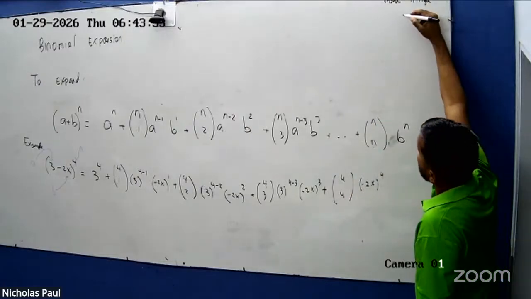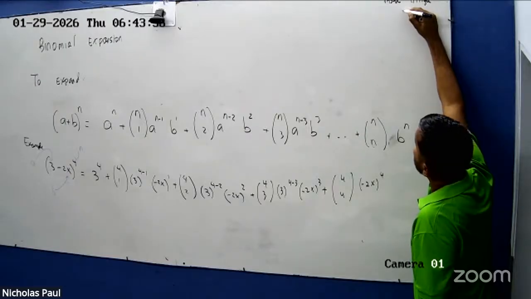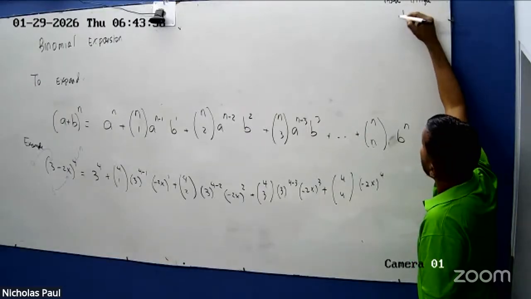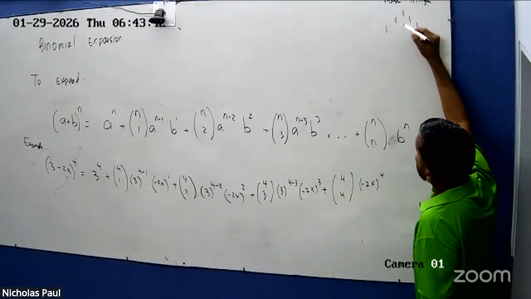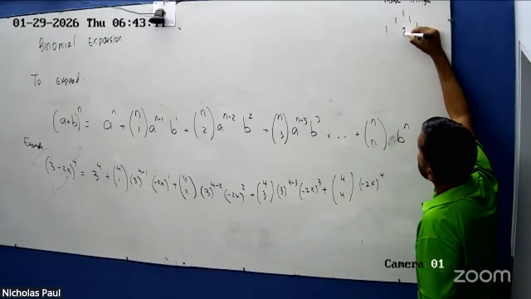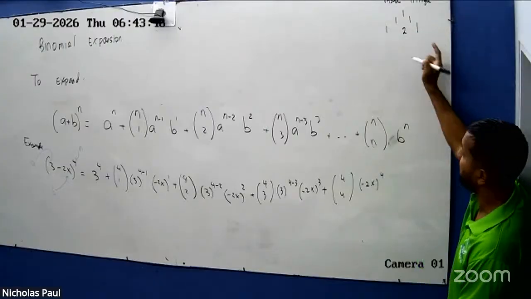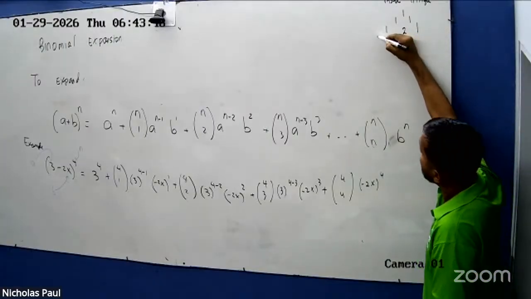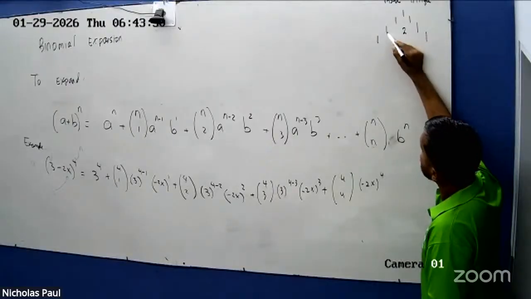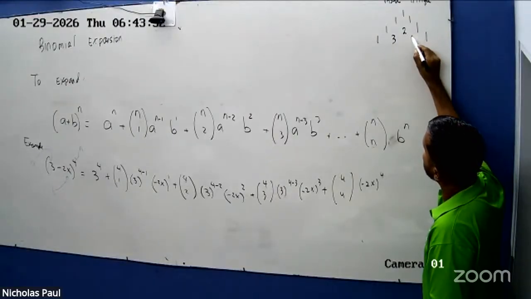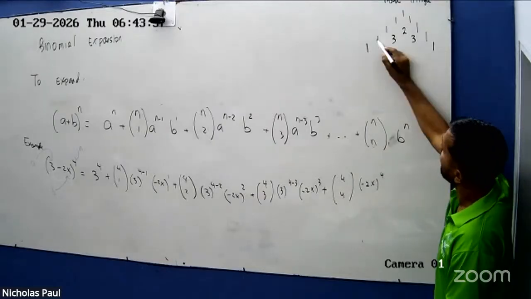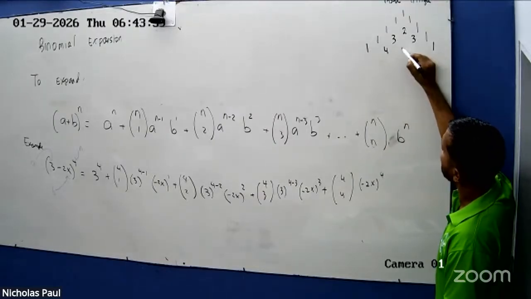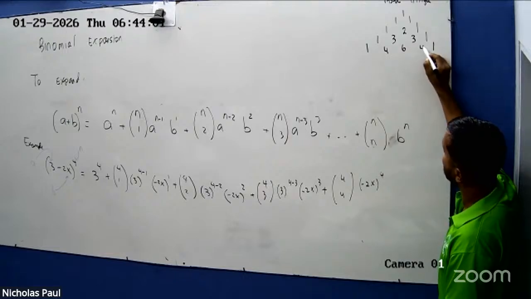So Pascal's triangle works like this. You start at 1, and then the numbers around it are always 1. The number in the middle here is the sum of these two numbers. Outside is 1. Sum this, you'll get a number here. Sum this, you'll get a number here. Same thing again, 1, 1. 1 plus 3 is 4. 3 plus 3 is 6. 3 plus 1 is 4.